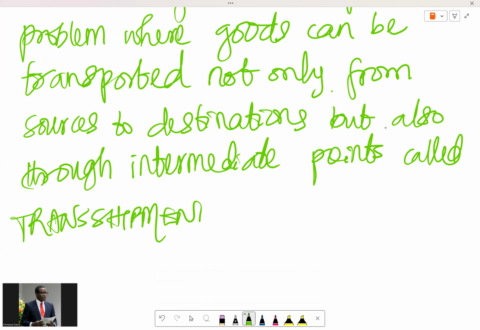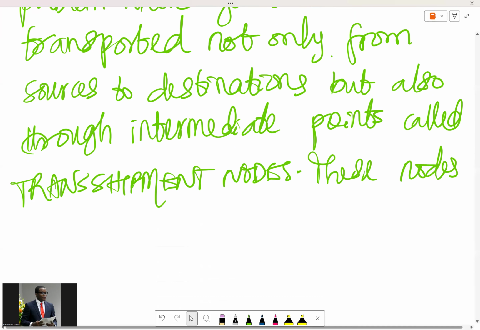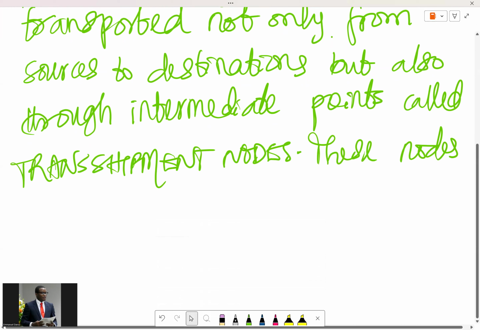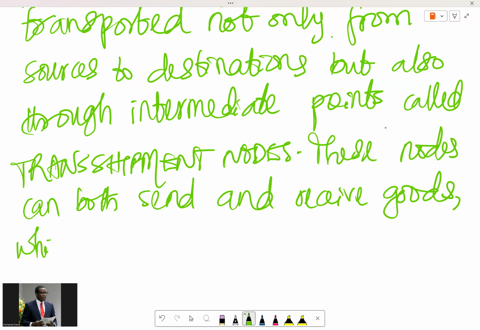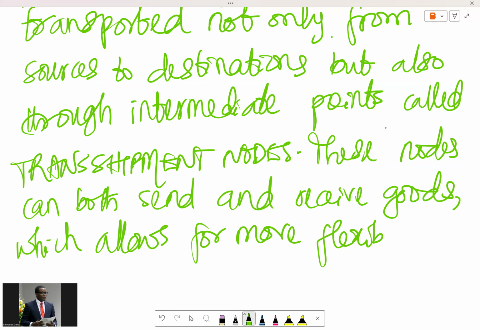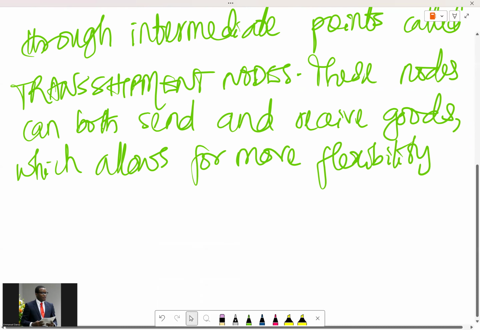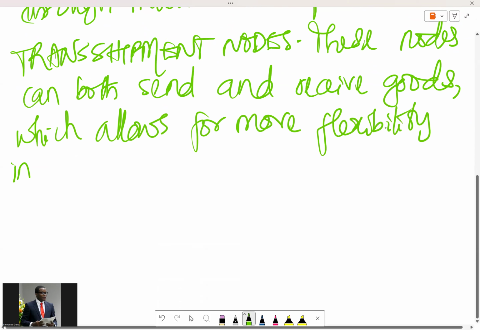These nodes can both send and receive goods, which allows for more flexibility in transportation planning.